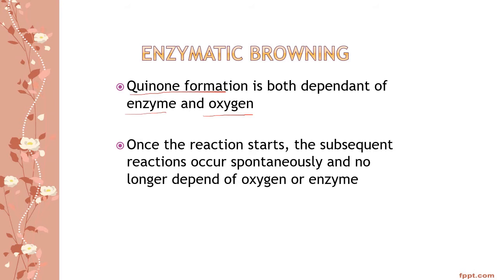So in enzymatic browning, the enzyme is only involved in the first step, for example phenol to orthoquinone. This first step is highly dependent on oxygen and enzyme. If you do not have the enzyme, phenol won't be converted to orthoquinone.